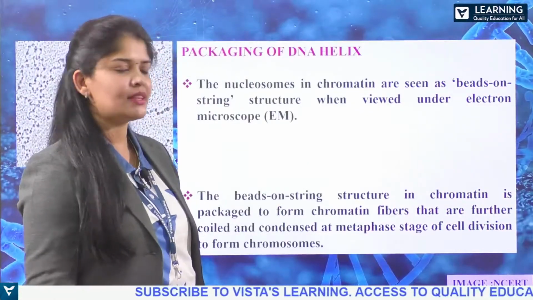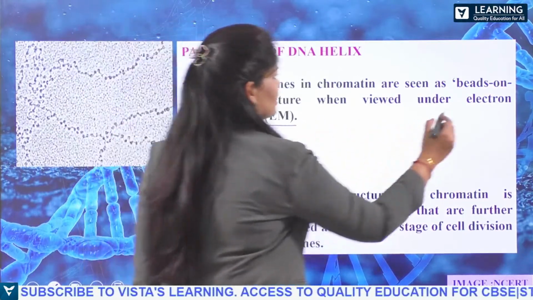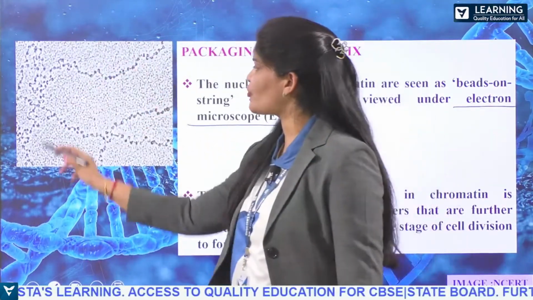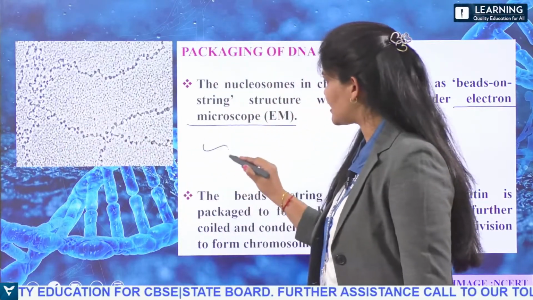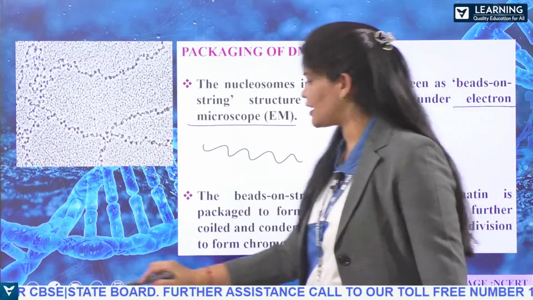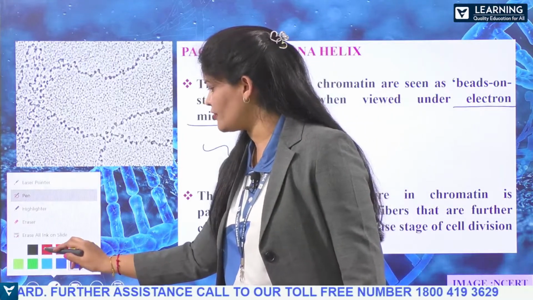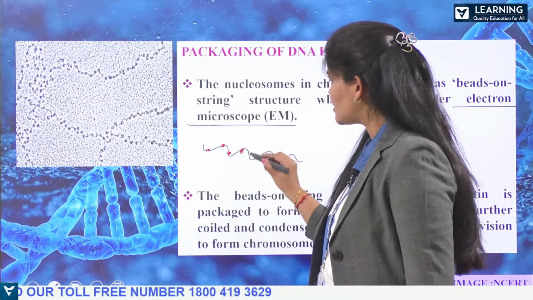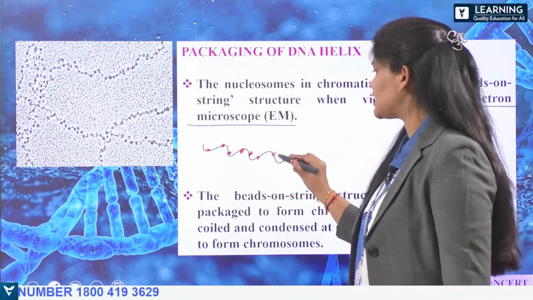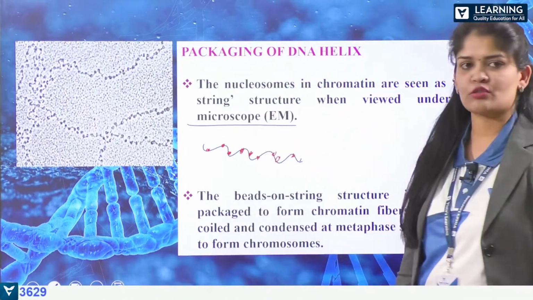So the nucleosomes, if you look at under electron microscope, we do find like this. See, I will draw here. This line is like this. This is the DNA, right? Above which we have beads. And this view we get under electron microscope.